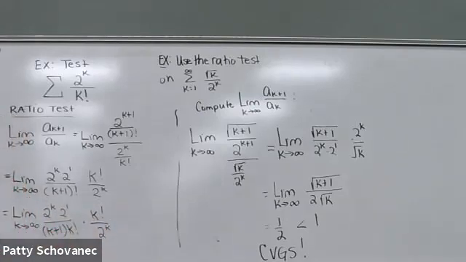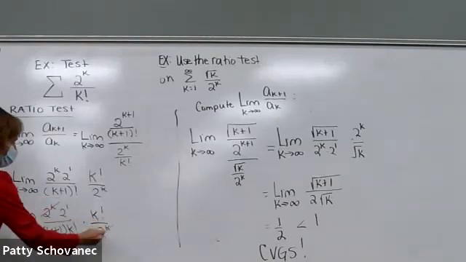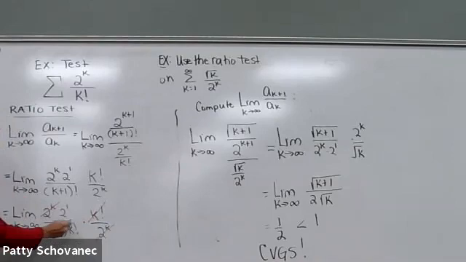Now let's cancel what we can. I can cancel a k factorial and a 2 to the k. So all I'm left with is 2 to the first power on top and k plus 1 on the bottom.